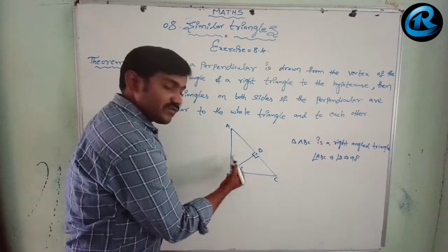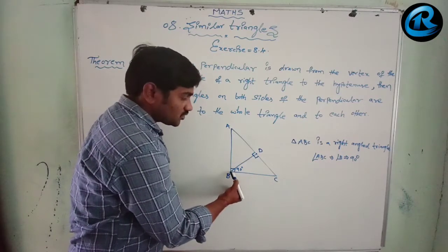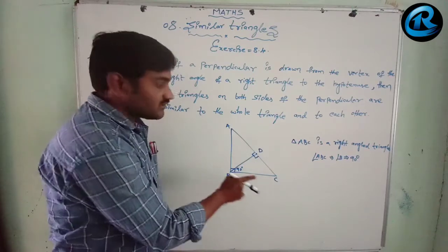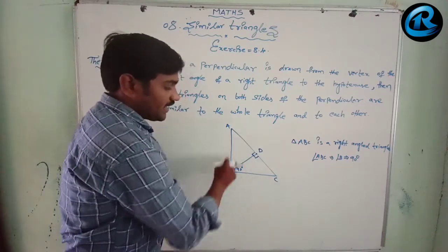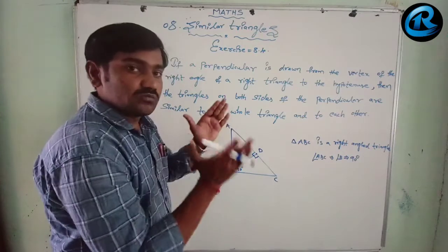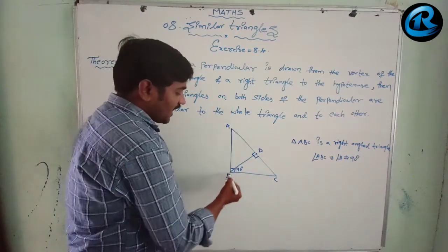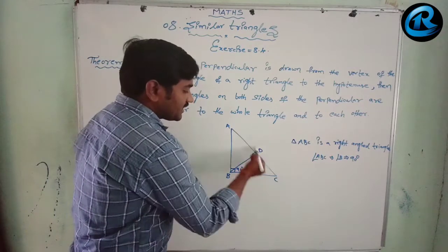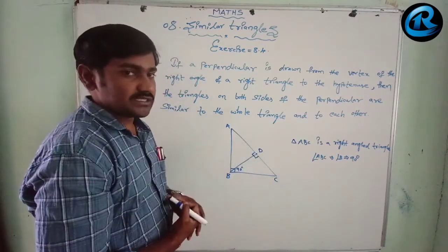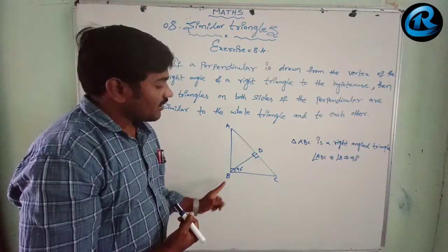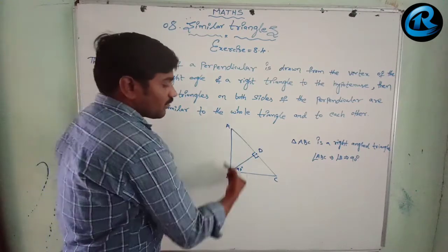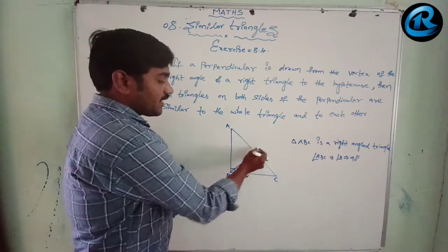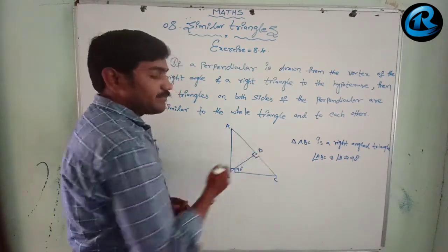The perpendicular we have drawn from the 90 degrees to the hypotenuse. So this perpendicular divided the whole triangle ABC into two parts, triangle ABD and triangle BCD.